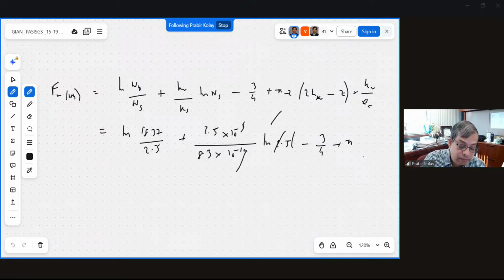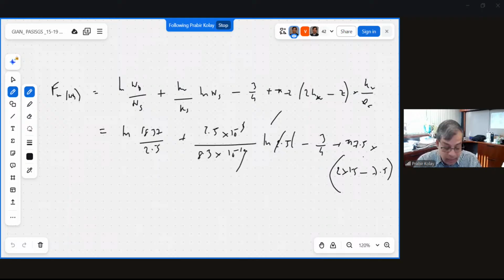Okay, so sorry, Z is 15. Sorry, the height is 15. And then 7.5 is the half. So basically 3 by 4 plus pi times 7.5 times bracket 2 times 15 minus 7.5.